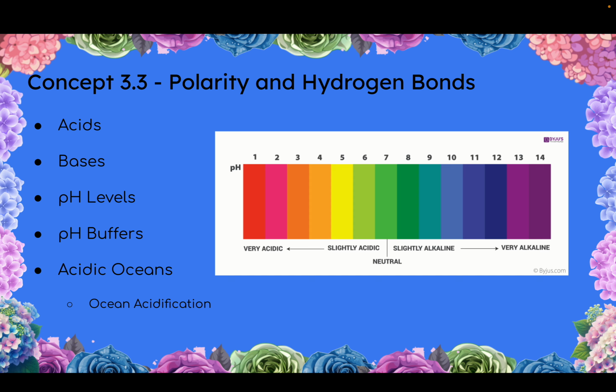This is important to water because they usually dissociate into their hydrogen ions in water. Like the example I've been using a lot, NaOH in water dissociates into the ions Na plus and OH minus, and so this base reduces the H plus concentration.